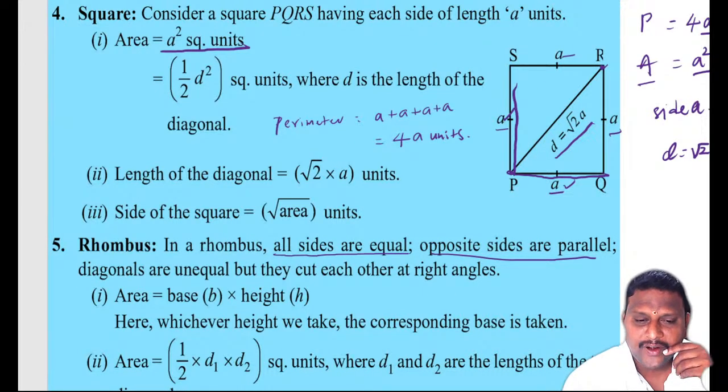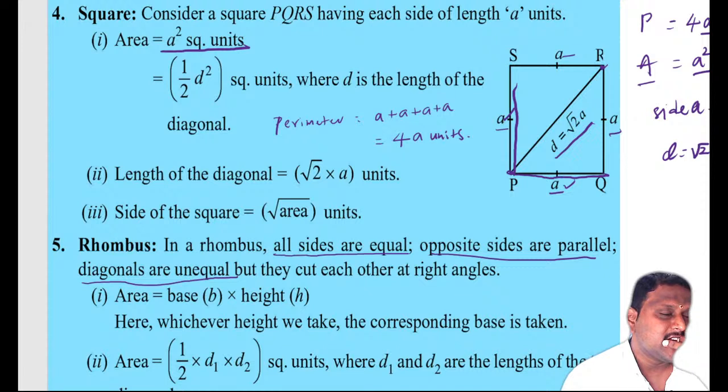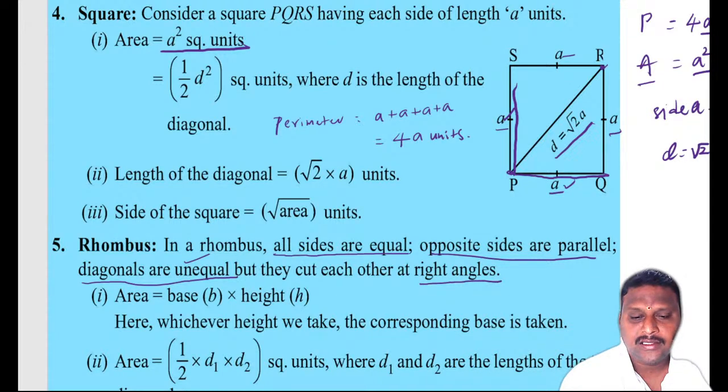The difference between the square and the rhombus is that in a square the two diagonals are equal, whereas in a rhombus the diagonals are unequal, but they cut each other at right angles.